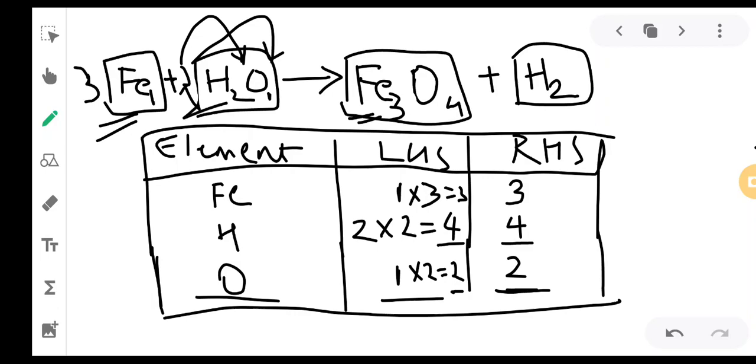How many atoms of hydrogen are there on the right hand side? There are 2 atoms of hydrogen.